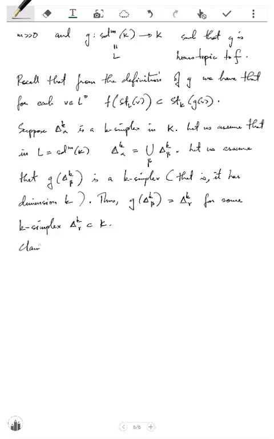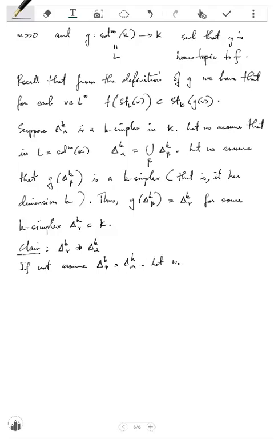So we claim that delta K gamma is not equal to delta K alpha. So if not, assume delta K gamma is equal to delta K alpha.